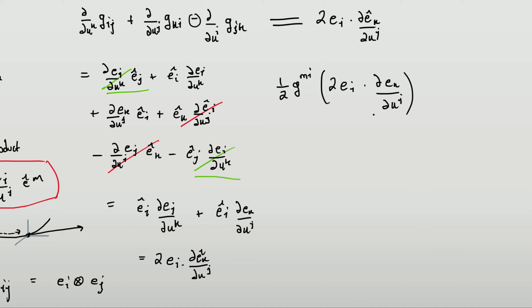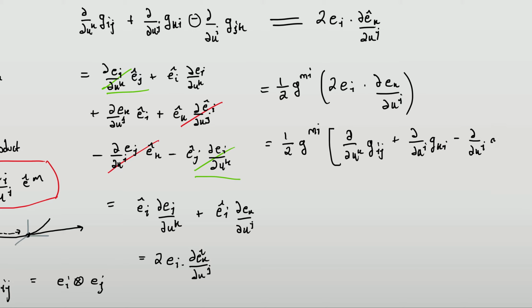But then if this here we said was equal to this, in a sense, if we just keep this 1/2, keep the ij, and then just replace this with this right here, we get d/du_k g_ij plus d/du_j g_ki minus this guy right here, d/du_i g_jk, like that.